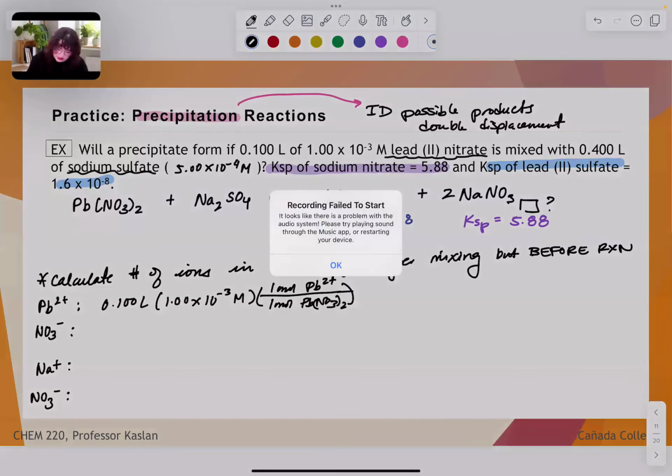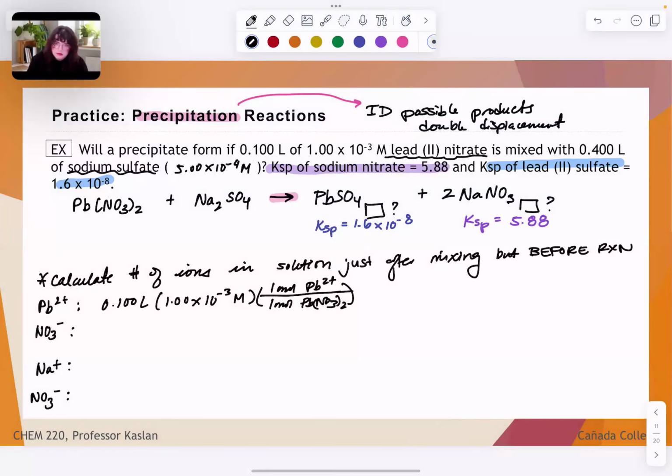That is from looking at my 1:1 ratio, aka my subscripts in the lead 2 nitrate formula. So this gives me 1.00 times 10 to the negative 4 moles of lead 2 ion.